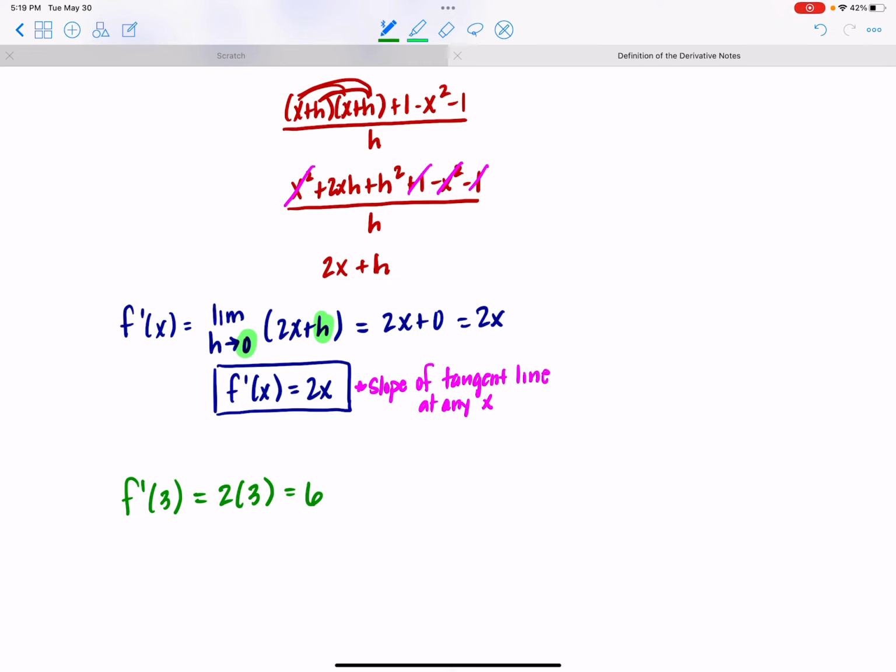So f prime of 3 is the derivative at 3. It's equal to 6. So let's say f prime of 3 is equal to 6. And what this represents, again, is the specific slope of the tangent line at 3.